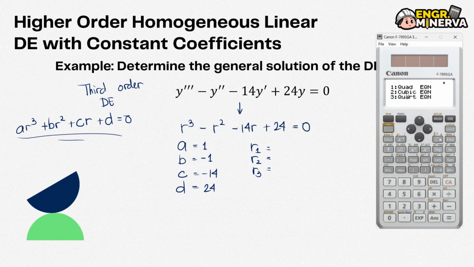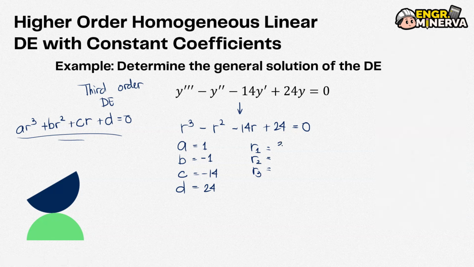Take note that only Canon calculators can get the roots up to the quartic degree, or up to the fourth degree. So we go to cubic. Input 1, -1, -14, 24. So the values of the roots are 3, 2, and -4.